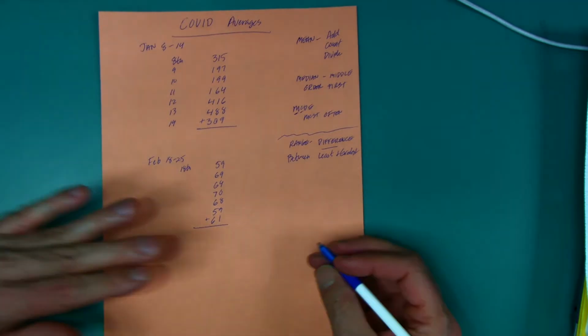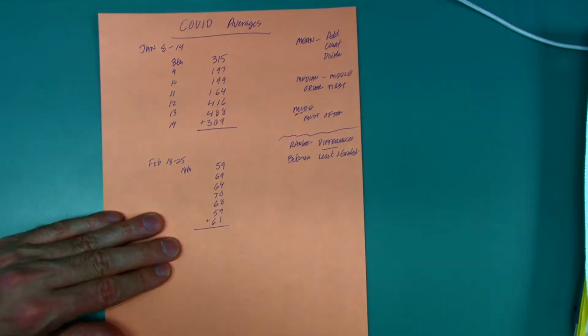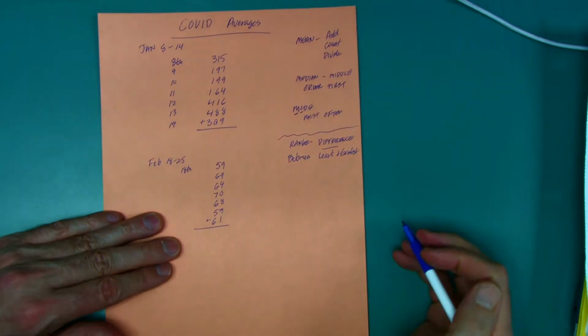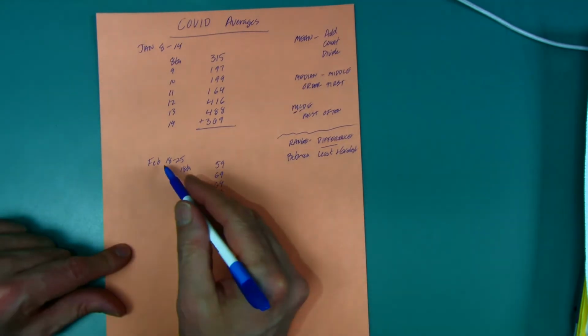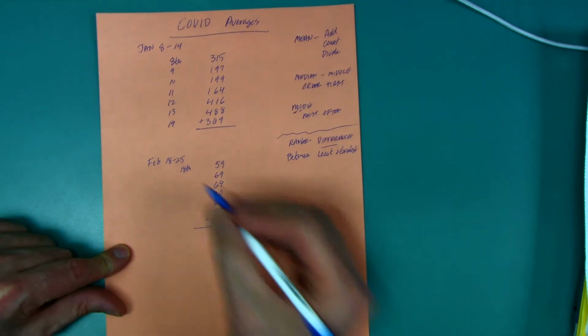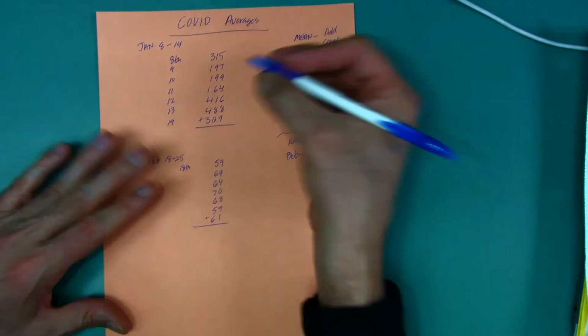All right. So the first thing you do when you get the mean is add these numbers. Now, these are the seven numbers for the week of January 8th to the 14th. And these are the seven numbers for the week of February 18th through the 24th. I wrote 25th. Don't let that fool you. Okay. So I'm going to add them all up.